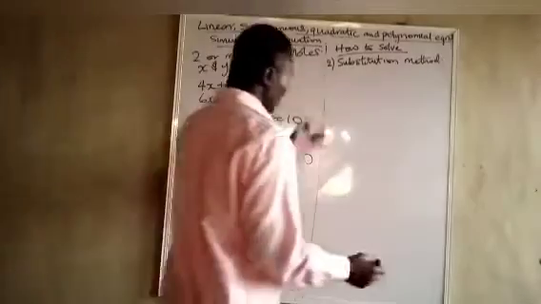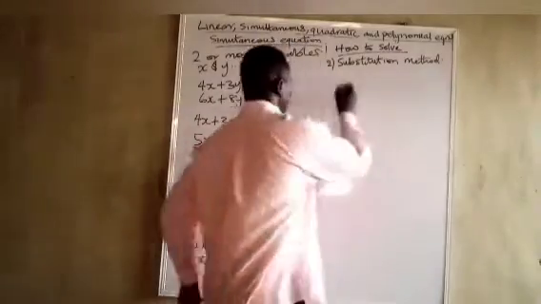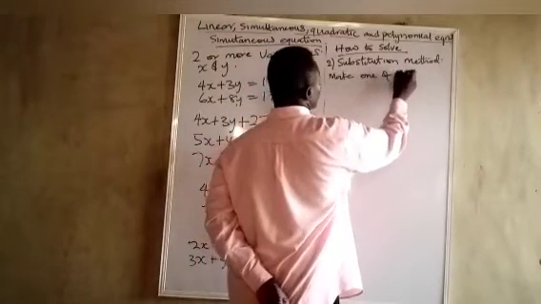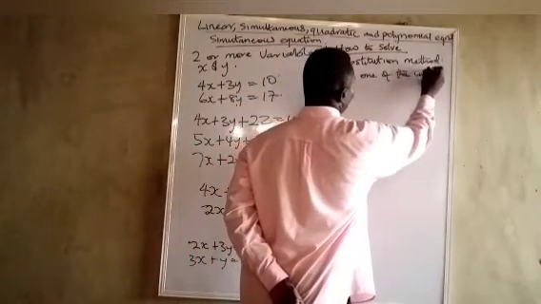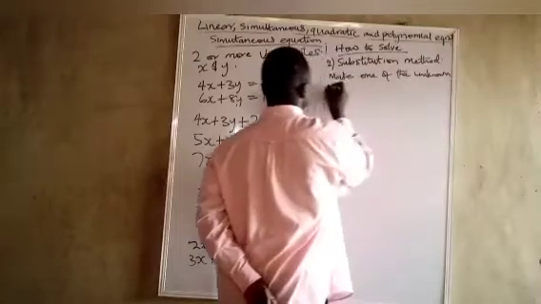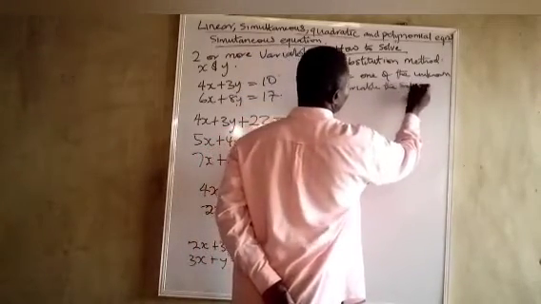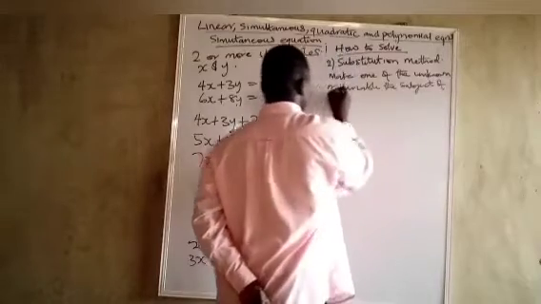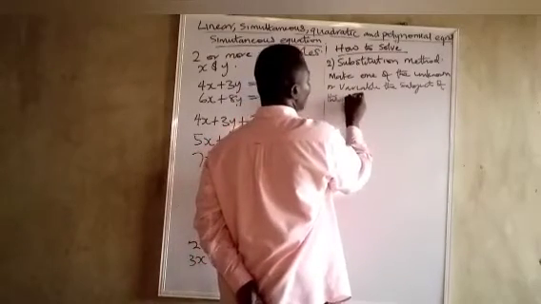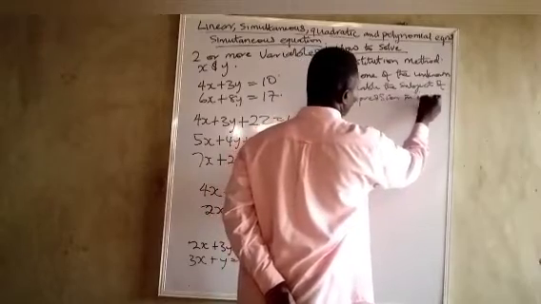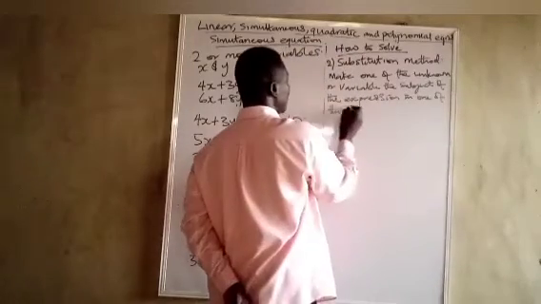Now, the next one is the substitution method. In this substitution method, we make one of the unknowns or variables the subject of the expression in one of the equations.